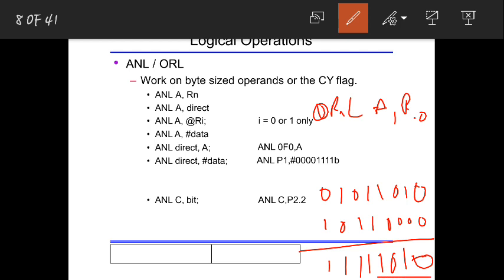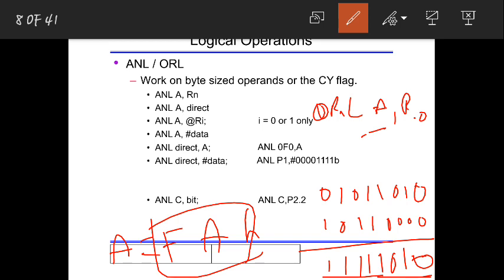This is the answer you got. In the destination you have the accumulator, so in the accumulator you will have F and 10, that means FA will be stored in the accumulator. In this way our operation happens.